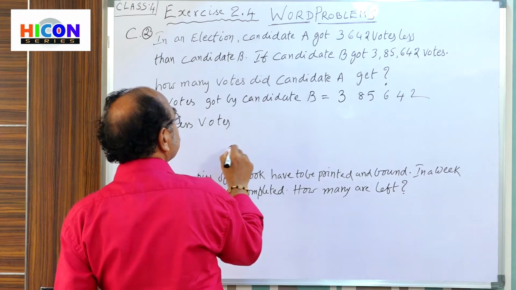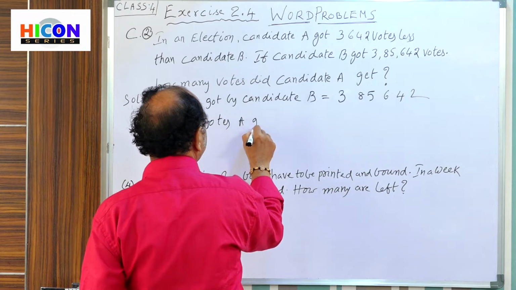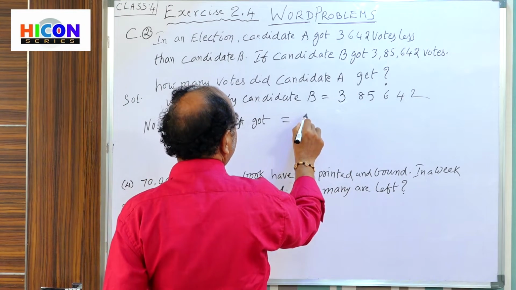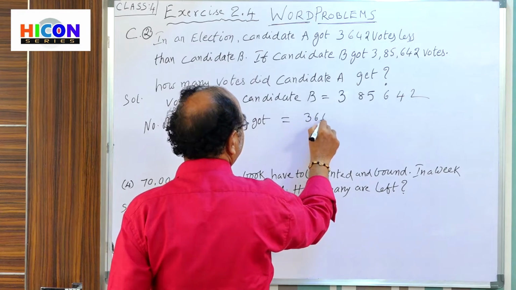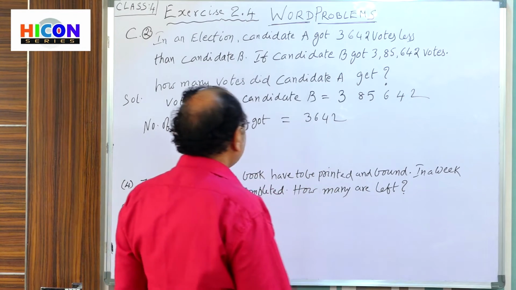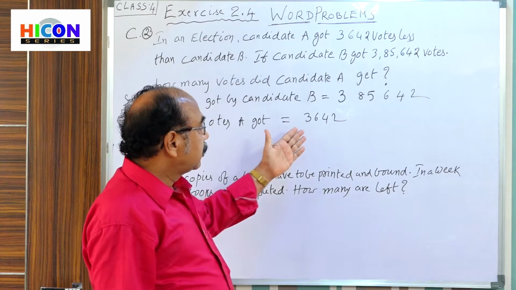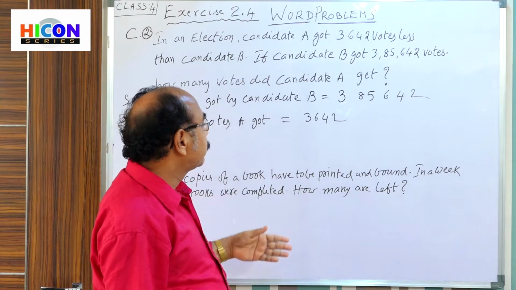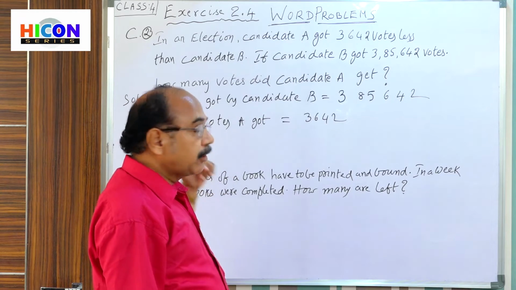Number of less votes A got is equal to 3,642. So 3,642 less votes A got.